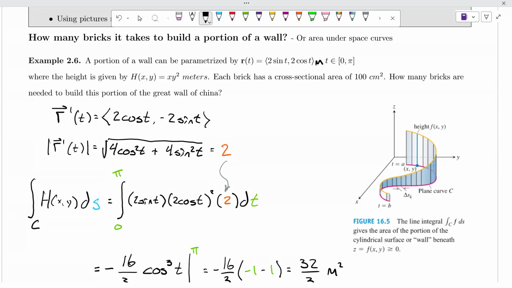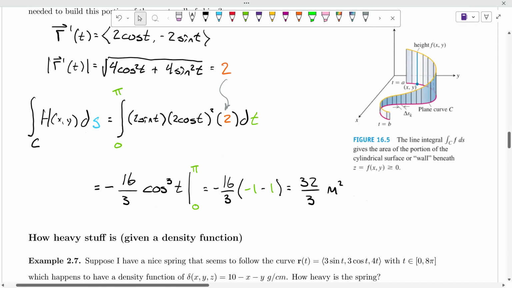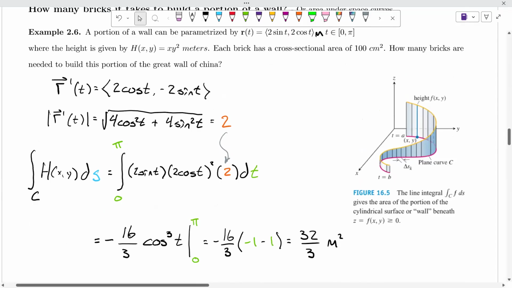And I'm calling particular attention to that because when I go to calculate the number of bricks, it's worth noticing that my bricks' cross-sectional area was given in square centimeters.